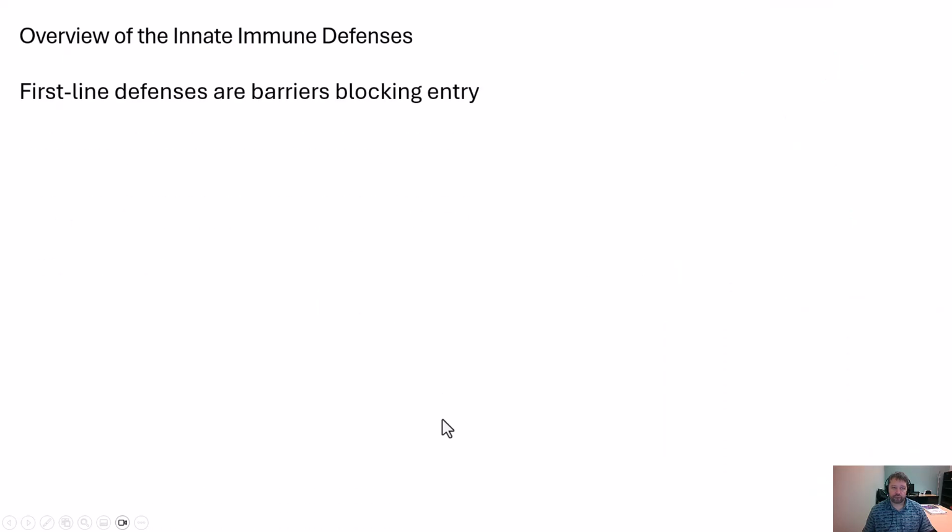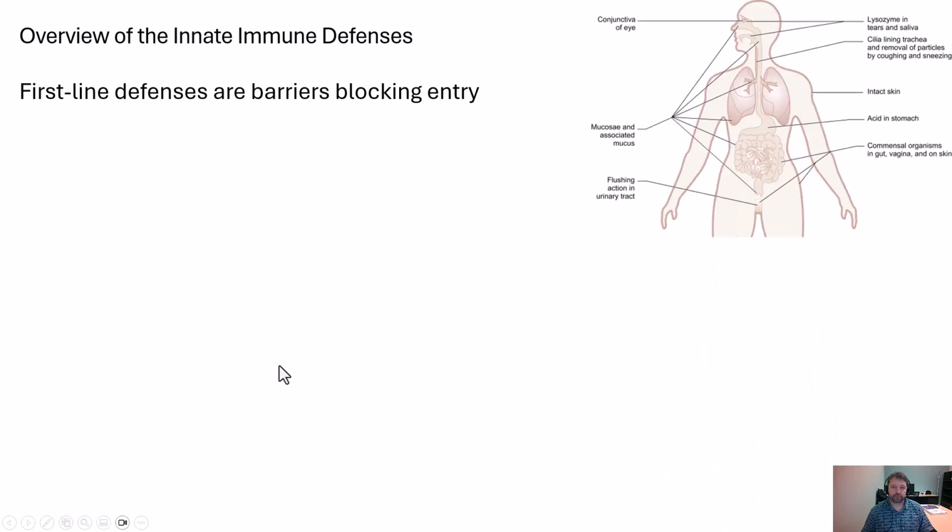Overall, let's talk about those three layers. The first line of defense is your barriers, or things that block entry. Things like your eyelids, the hair in your nose, the cilia in the trachea, the mucus layers you have all over your body.